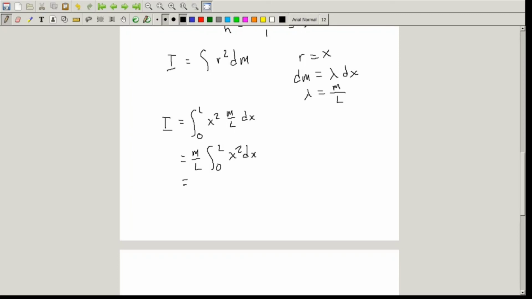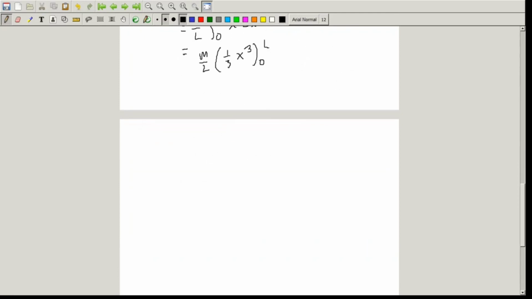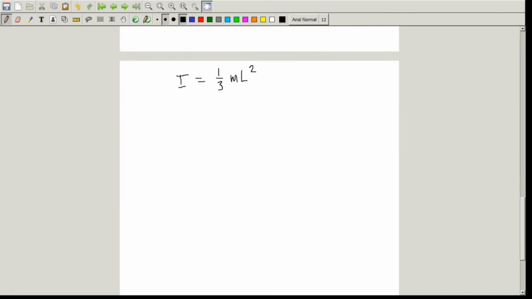So what we're going to get is m over L times 1/3 x cubed from 0 to L. And what that's going to give us when we plug everything in is that our I is going to be 1/3 mL squared.